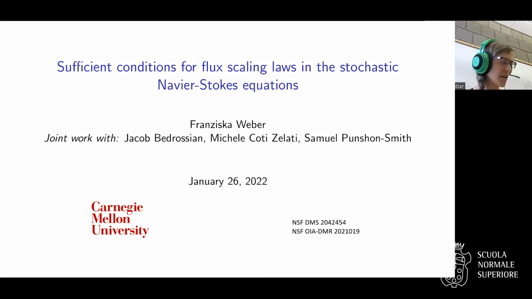We had the idea to try to make one of his results, the so-called 4/5 law, mathematically more rigorous, and that's mostly what I'm going to talk about, and some 2D versions of this. It's not completely rigorous, there will still be an assumption, therefore it's called sufficient conditions, and you'll see it soon.